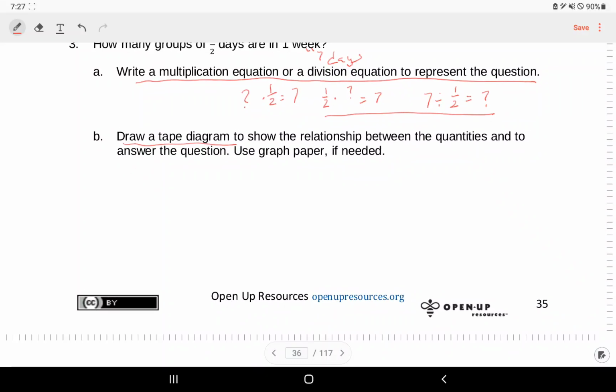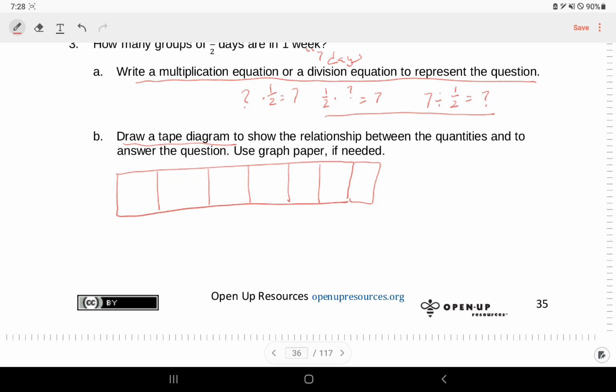So we need halves in 7. So 1, 2, 3, 4, 5, and there's 7.